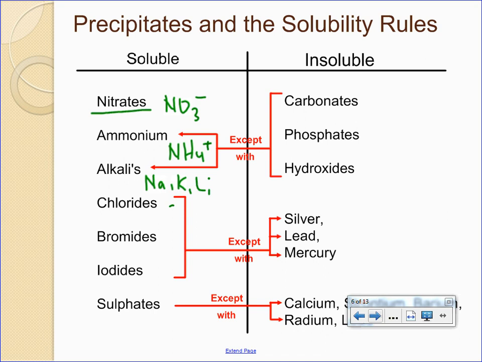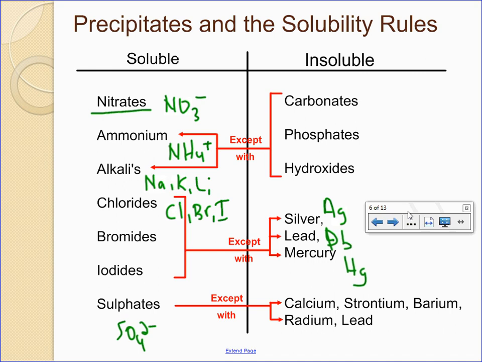Anything that is a chloride, so our Cl, our Br, our I, they are soluble except with silver, with lead, and with mercury. And our sulfates, they are generally soluble, except when we have them paired with calcium, strontium, barium, radium, and lead.